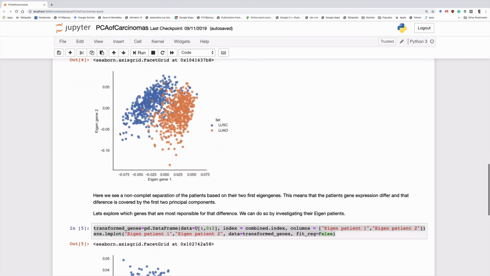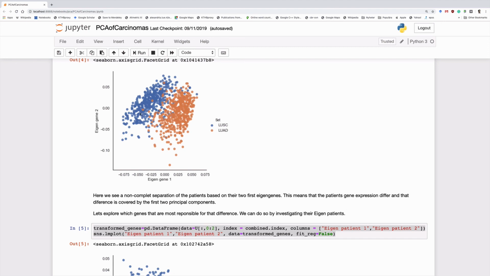We note here the eigengenes, that is the columns in the U. Here we have the first column in U and the second column in U. If we plot our samples, we note that the patients from the two different cancer types seem to be, not well separated, but there seems to be a trend where the squamous cell patients, the yellows, tend to be higher on eigengene number 1.